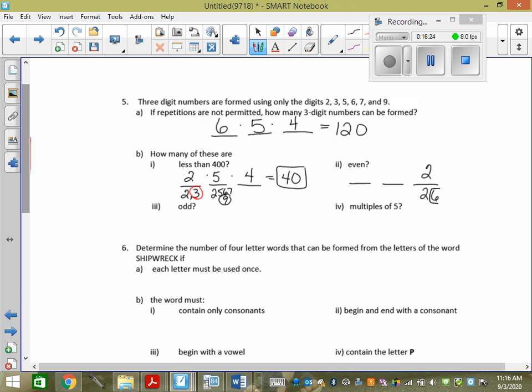Then we hold 1. We don't have to worry about the 0 coming back because it didn't even give you a 0 option. So now we would have 2, 3, 5, 7, 9, which is 5. Let's say I hold the 9, and I would have 4. So it's 40.